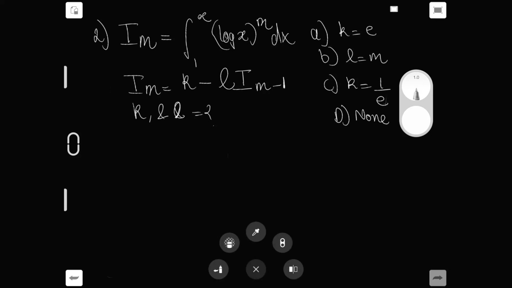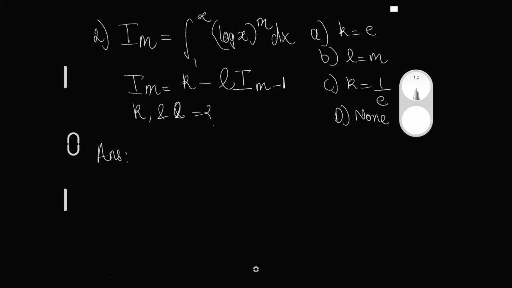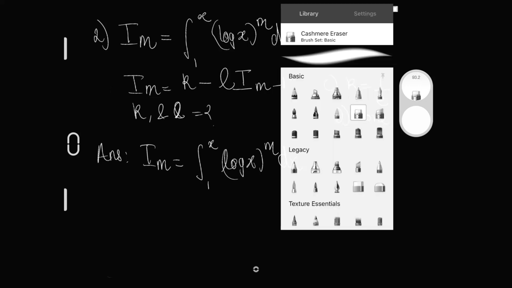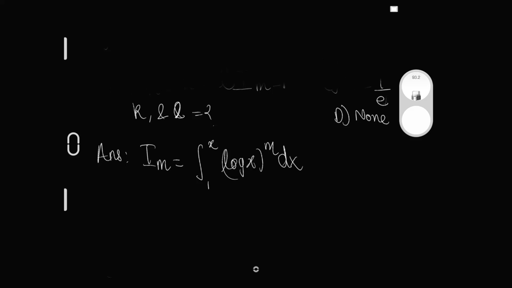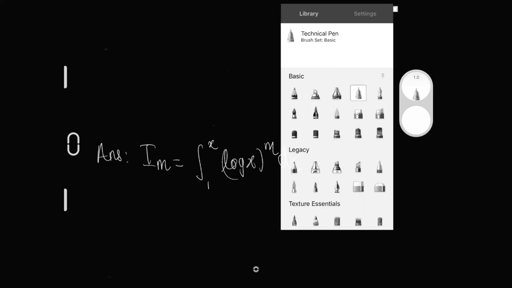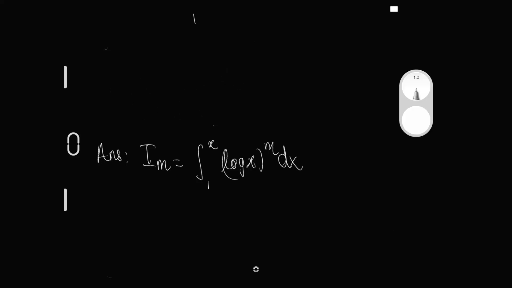Now the solution to this problem would be again integration by parts. So let's apply integration by parts. Integral from 1 to e of (log x) raised to m dx. Now what I'm going to do is, once again, I'm letting D and I. I'm going to be integrating 1, which is x.